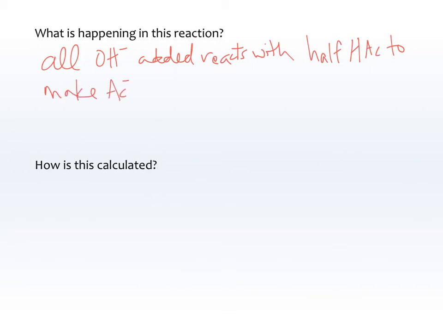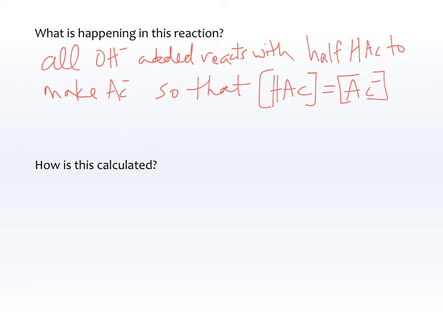So it's just exactly like the other problem, except that since I'm at the midpoint, I've gotten rid of half of the HAC and made that same amount of AC minus, so that the concentration of HAC equals the concentration of AC minus.